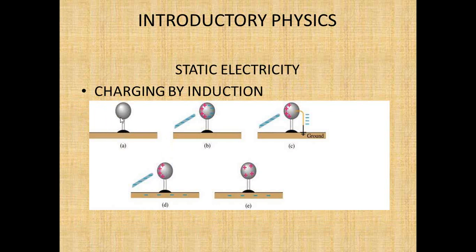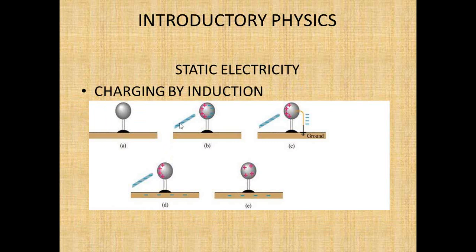So basically, if you charge this sphere, the charge is going to remain in the sphere, because now the supporting structure is an insulator, so it's not going to conduct your charge.